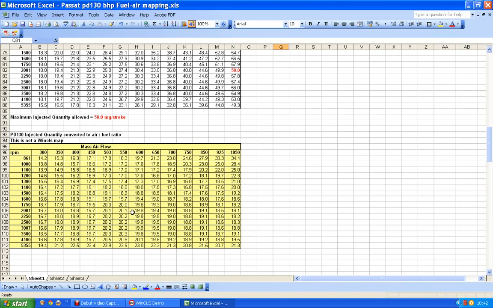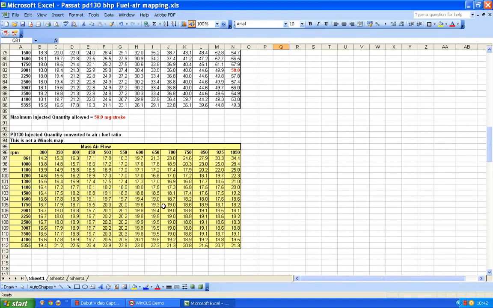Now, this information is of two values in a sense, because if you want to risk having more smoke and pouring more fuel into your engine, then you can stick closer to 14.6, but you risk having loads and loads and loads of black smoke coming out the back of your engine.